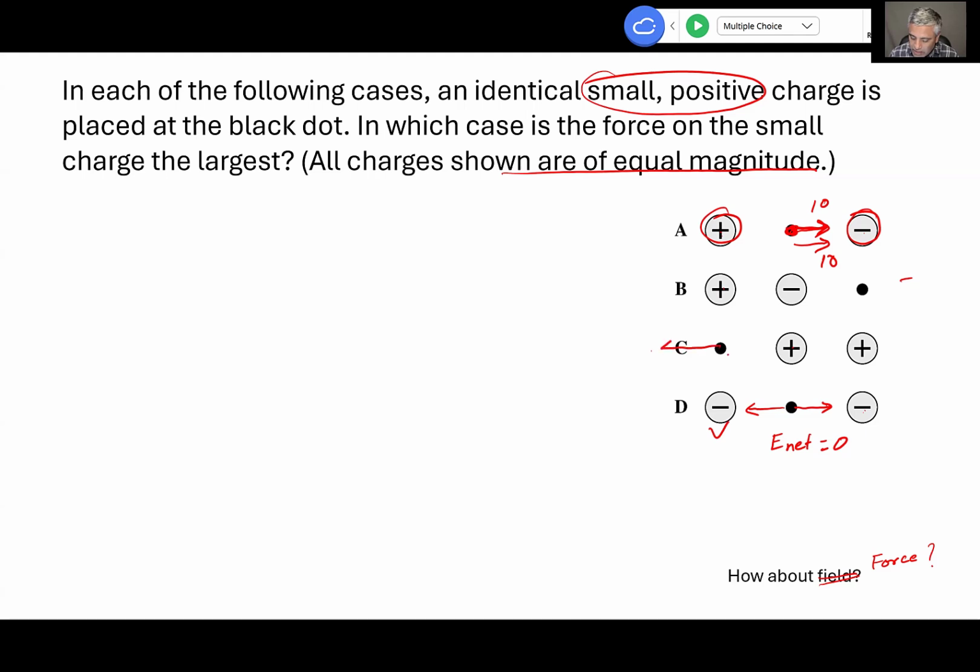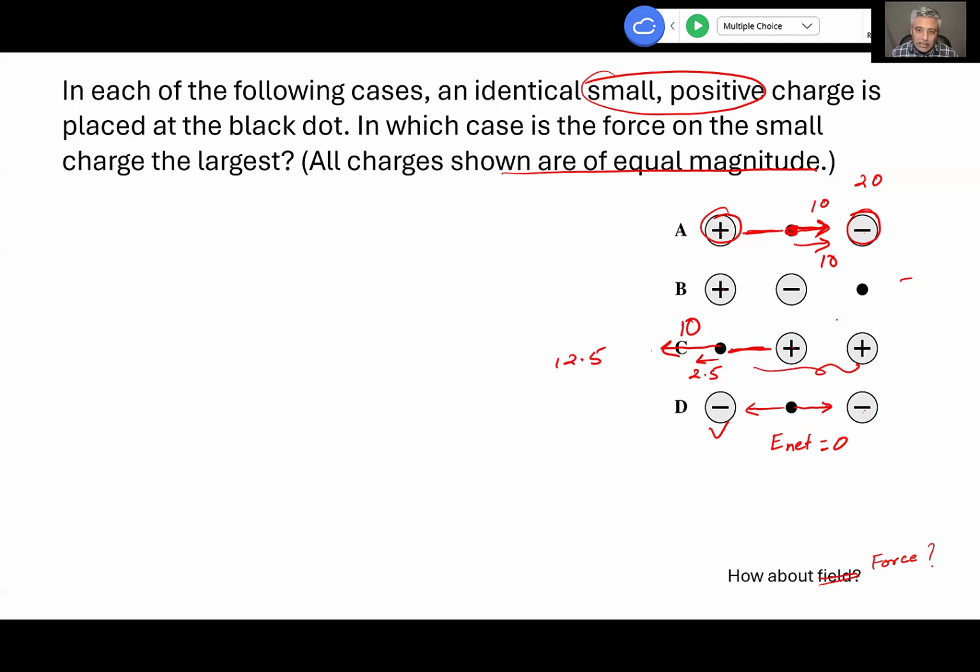It's pushing this way, and this distance is same as this distance, means the force, field going to be same, 10, let's say. But this one is at double distance, so that means it's going to be only quarter. So that means quarter of 10 is 2.5. So if I add, total 12.5, here total 20.